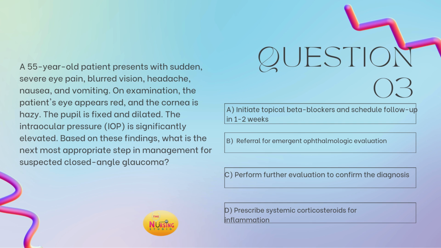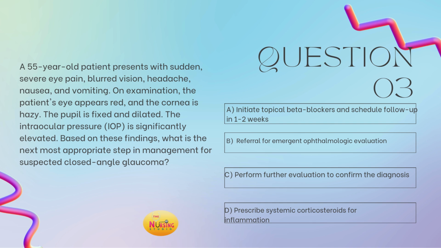Is it A, initiate topical beta blockers and schedule follow-up in 1 to 2 weeks? B, refer for emergent ophthalmologic evaluation. And I tell y'all, I do this for y'all because I will put things on here so that you are prepared for boards.